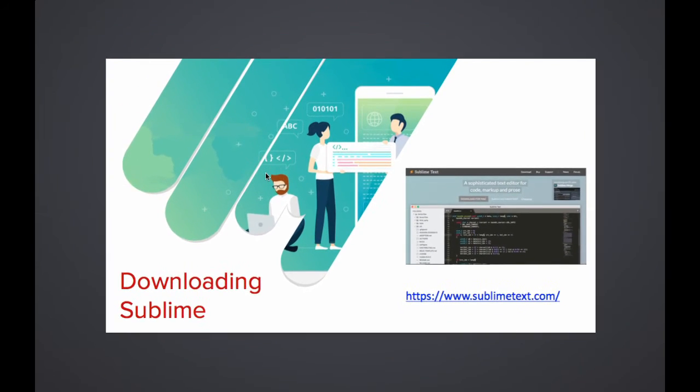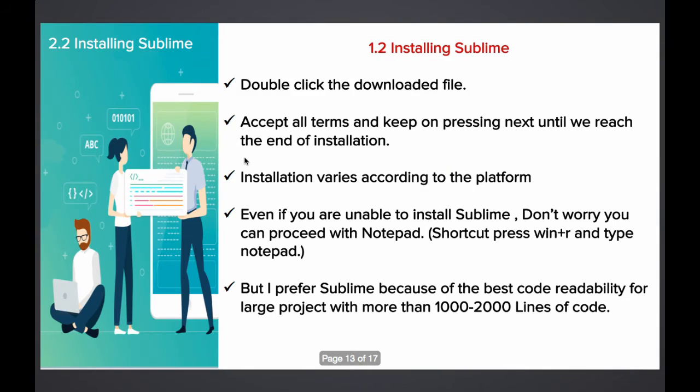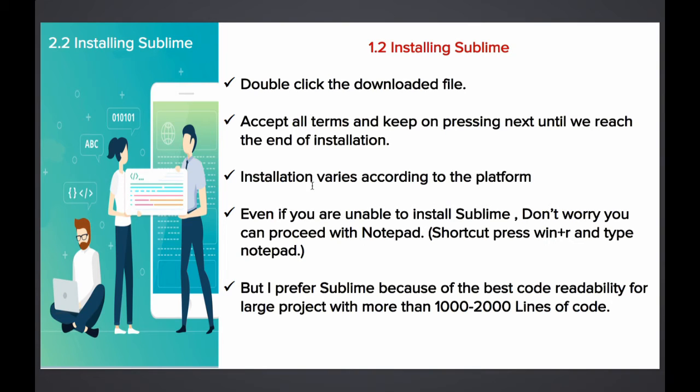Then after downloading, install it. We'll move to step 2, installing. Double click the downloaded file, accept all terms, keep on pressing next until we reach the end of installation. The installation process might vary slightly according to the platform. And most importantly, even if you are unable to install Sublime, don't worry.